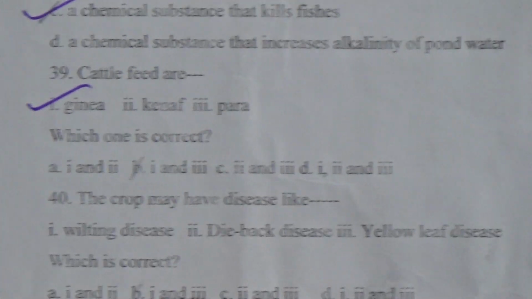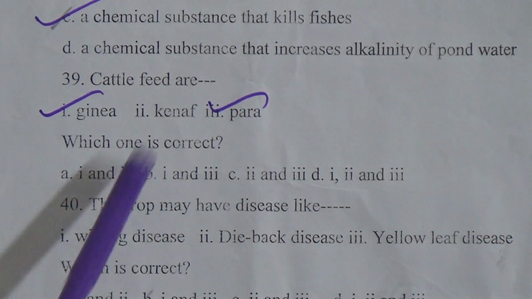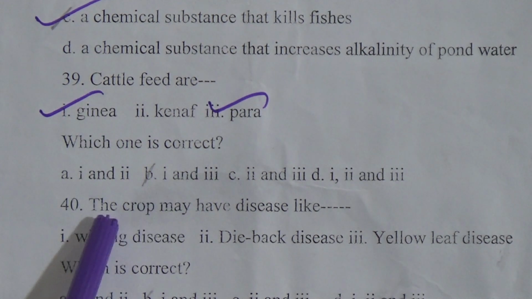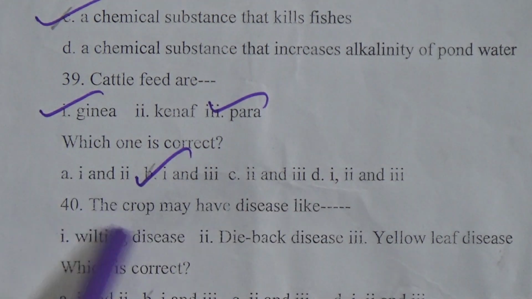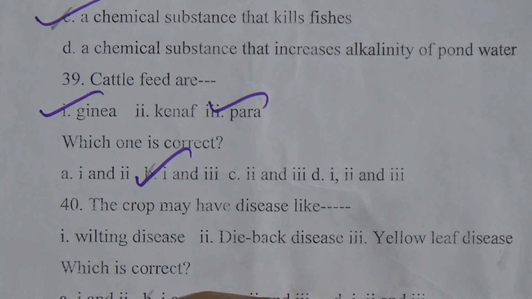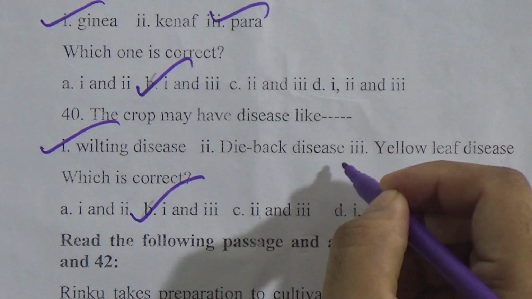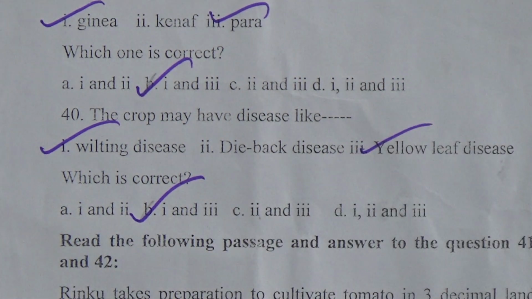Cattle feeds are Guinea and Para. Guinea and Para are cattle feeds. Number B. Okay, the crop may have disease like wilting disease, or it can be yellow leaf disease. Okay, now read a passage.